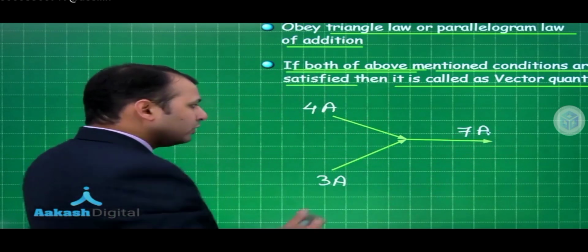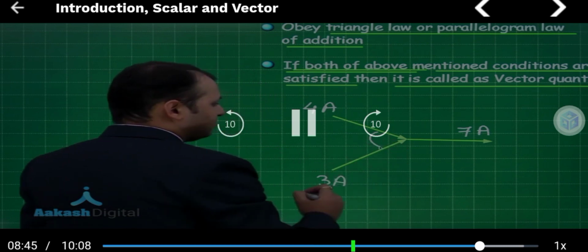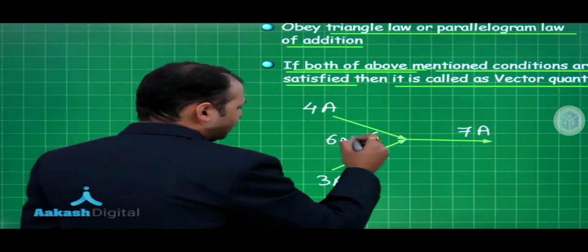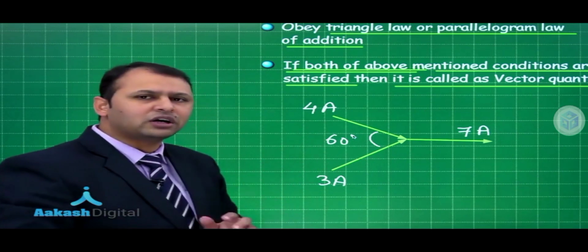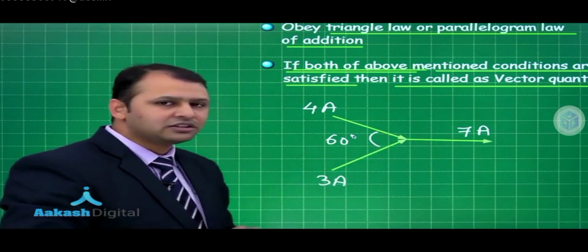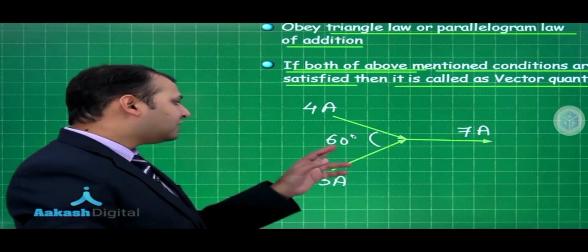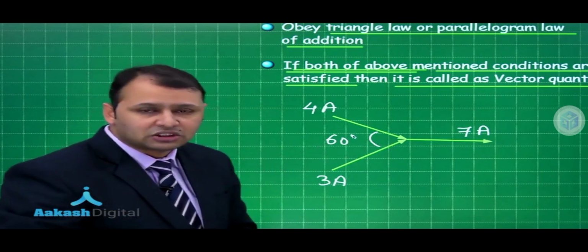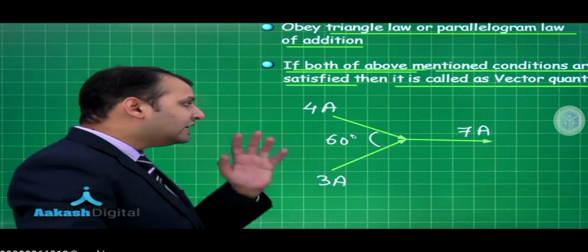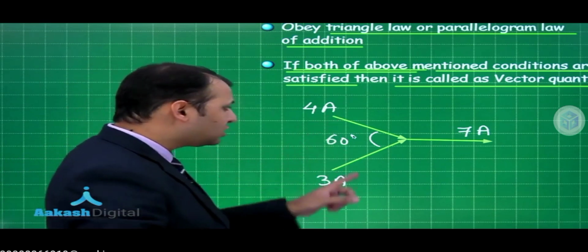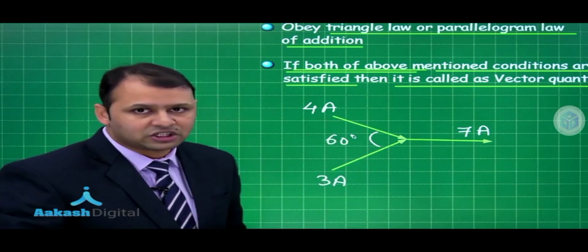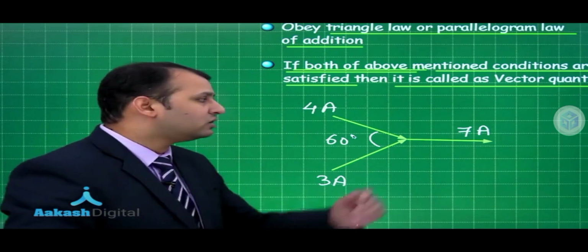Now, what is the angle between them? Let's say it is 60 degree. First thing, if I change the value of 60 degree to 30 degrees, will the answer change? No. If I make it 120 degree, will the answer change? No. If I make it 90 degree, will the answer change? No. That means the angle between two current directions doesn't matter what the result will be.